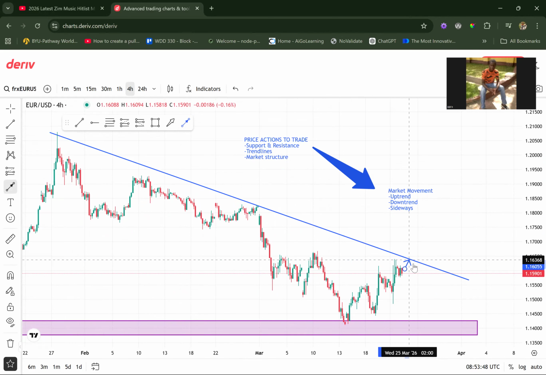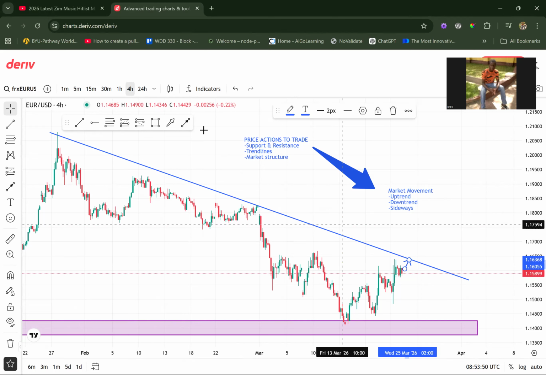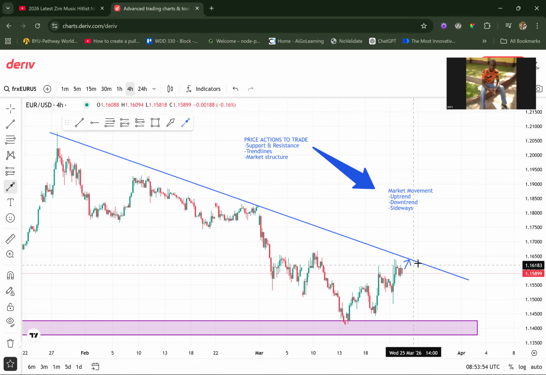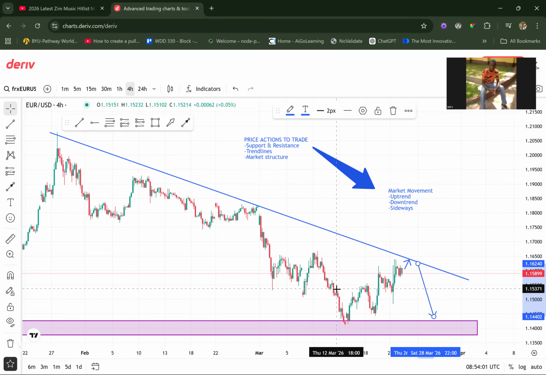After it touches here, the market is supposed to come down here. That's my prediction. So it needs to touch here and then go down, and come again to this support. That's what you're looking for. That's how we can make sure that the market is doing that.